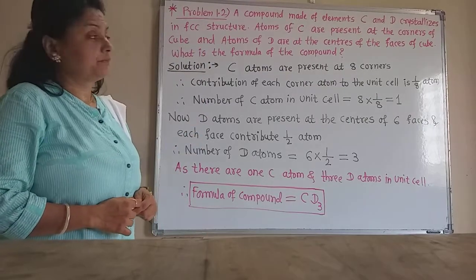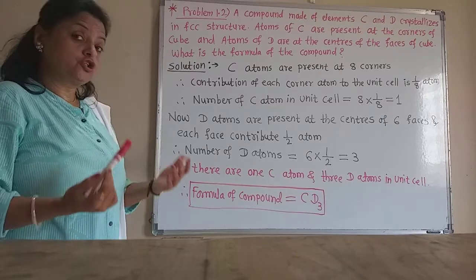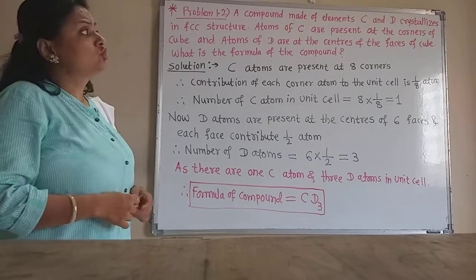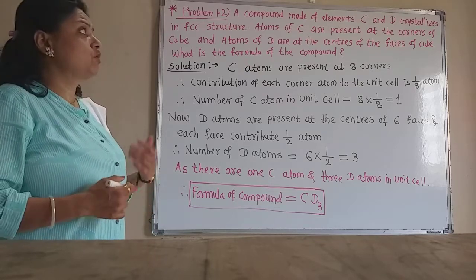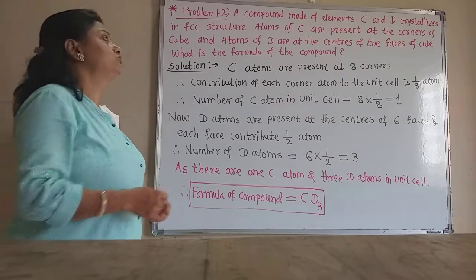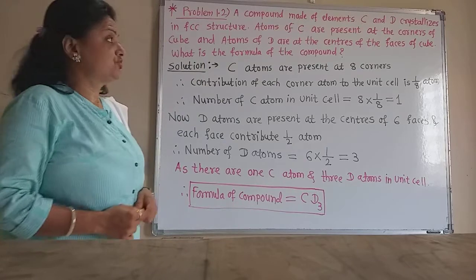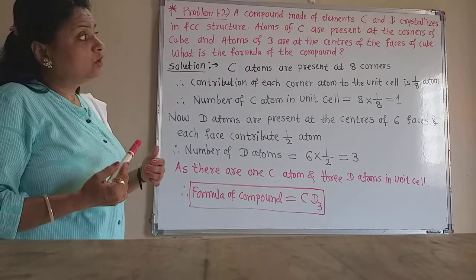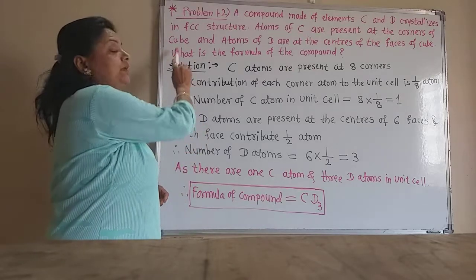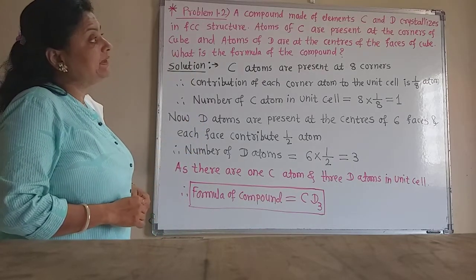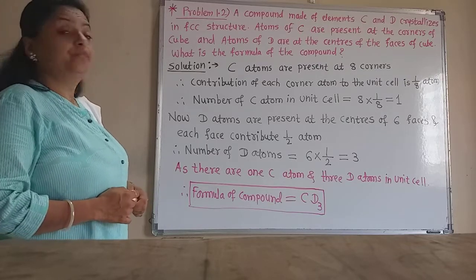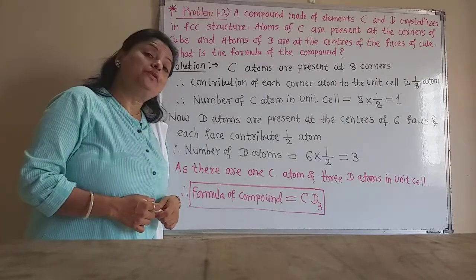C and D are the elements which form the compound. Atoms of element C are present at the corners of the cube, and atoms of element D are at the center of the faces of the cube. Then what is the formula of that compound?